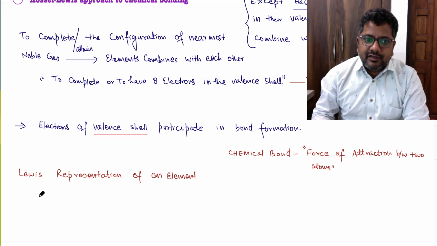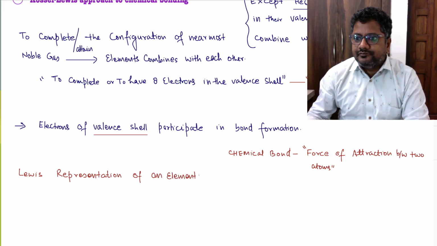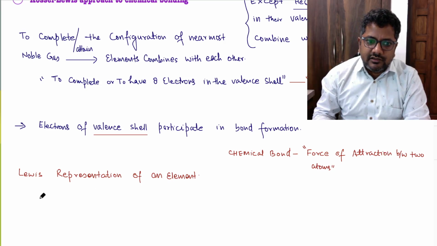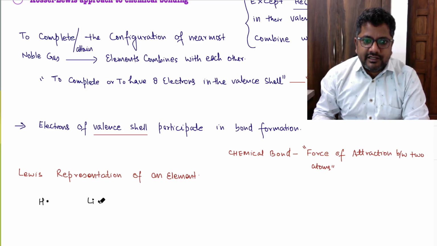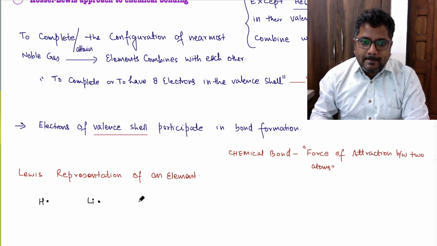So, for example, if you have taken lithium, this is its electron, which I have represented through a small dot. This is the valence shell electron.